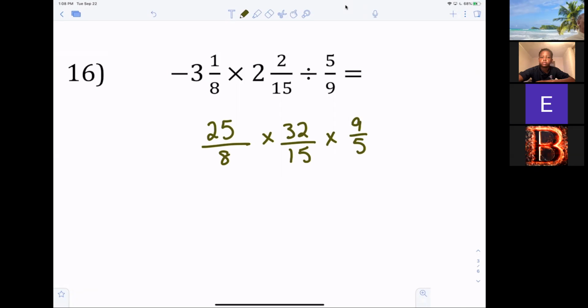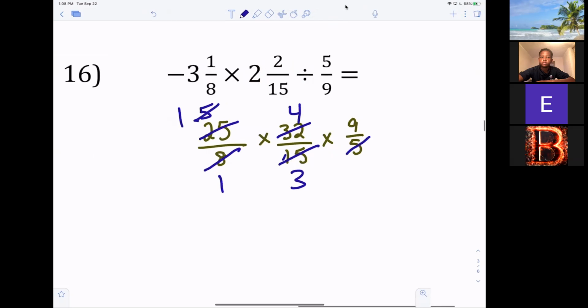All right, now what we're going to do is, tell me how to reduce this. Well, you reduce the 15 to 3, and then 25 to 5. Yes, I like that. Now the 18 comes over, and the 13 comes over. And then you reduce the 5 to 1, and the 5 to 1.